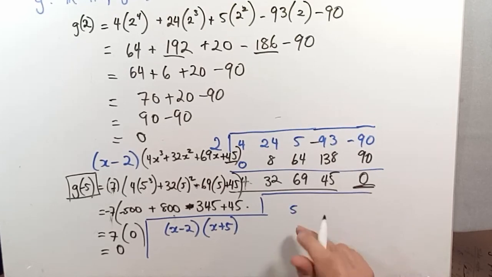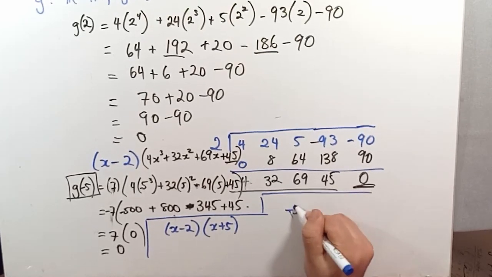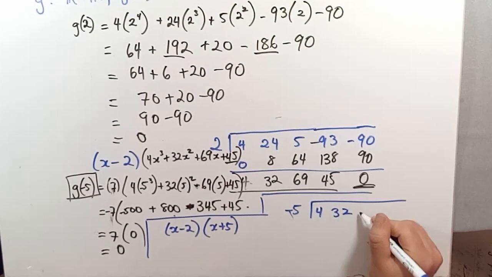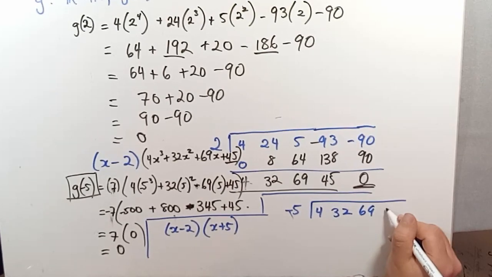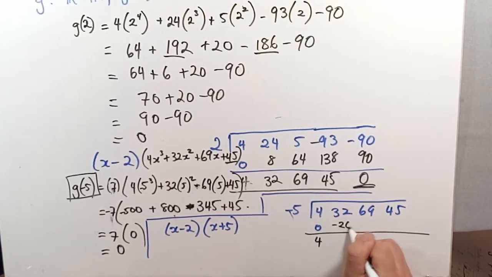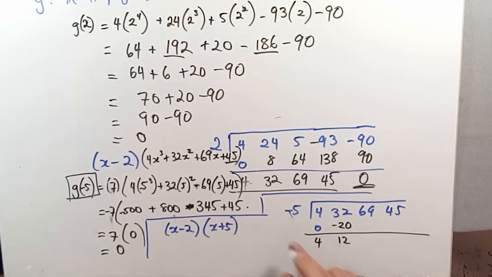So negative 5, bracket, what have I got? 4, 32, 69, 45, put a 0 down. Okay, what do I get? I get 4, negative 20 is 12, 12 is negative 60 is 9, 9 negative 45, perfect, 0.